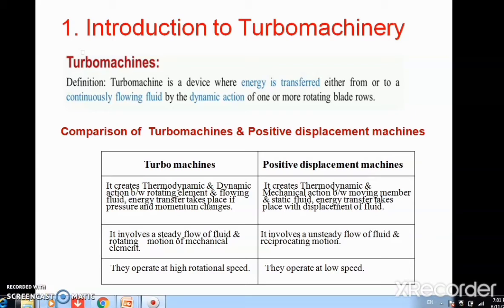In a reciprocating air compressor, you might have seen 1000 rpm or 1500 rpm, or in IC engines 2000 rpm or 3000 rpm. That is very little compared to the 1 lakh rpm in compressors. So there is a huge difference between the speed of a turbo machine and positive displacement machines.